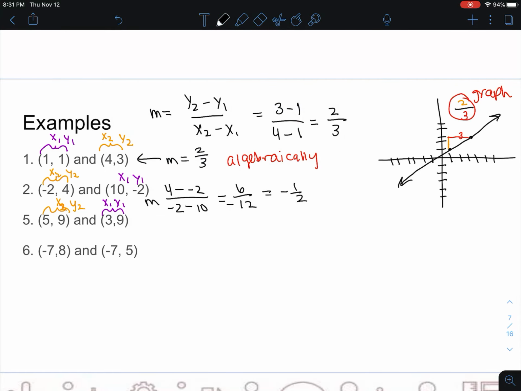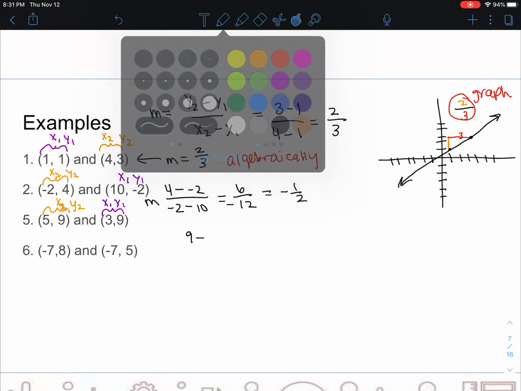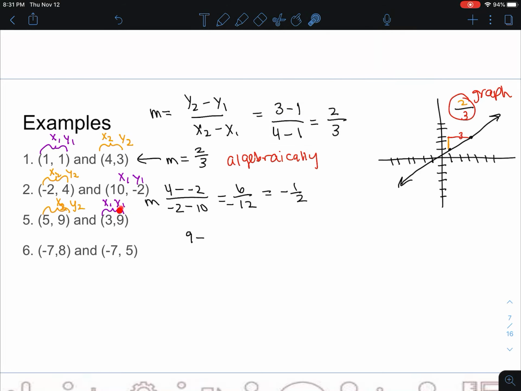So y2 is 9 minus my y1, 9, over, this is my slope m, over x2, which is 5, minus, sorry, my x1, which is 3. So now 9 minus 9 is 0, 5 minus 3 is 2, 0 divided by 2 is 0. So our slope for number 5 is 0.